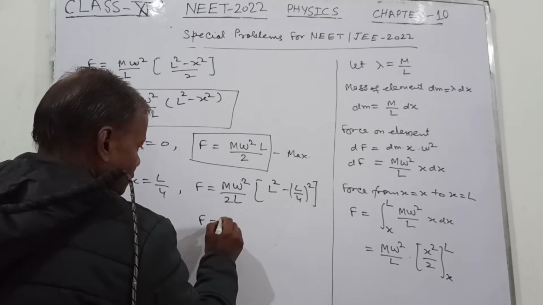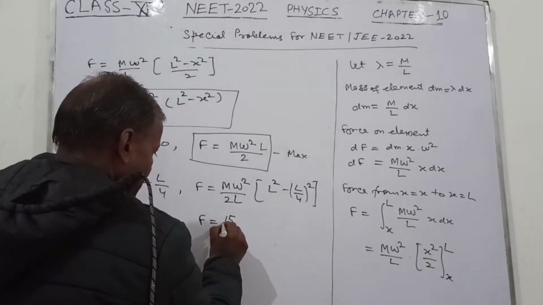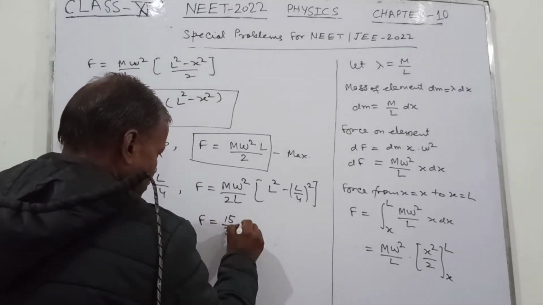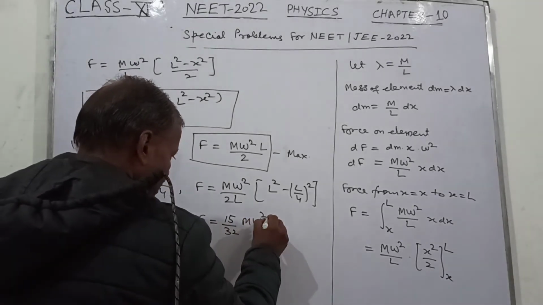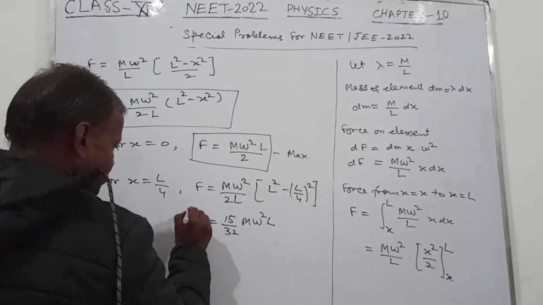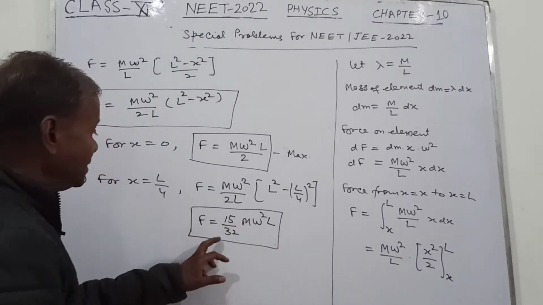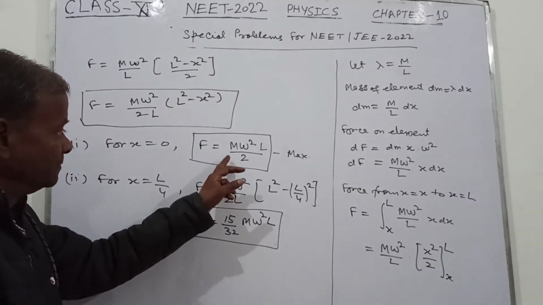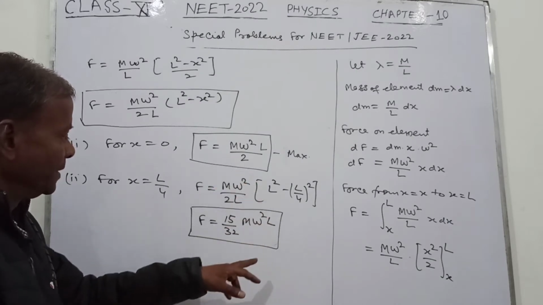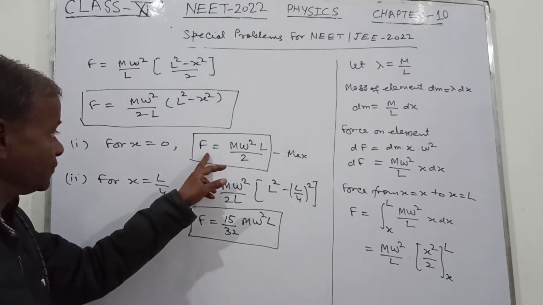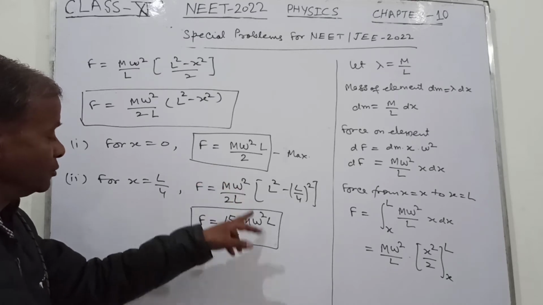So F is equal to 15 upon 32 m omega square L. You can see that this force is less than the previous one. If we write this in terms of that force, then definitely it will come out to be less.